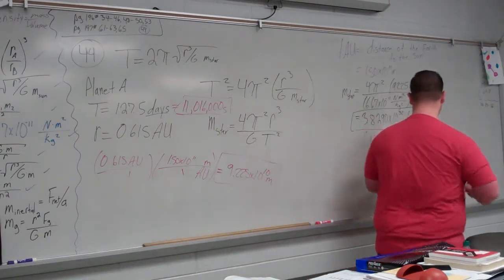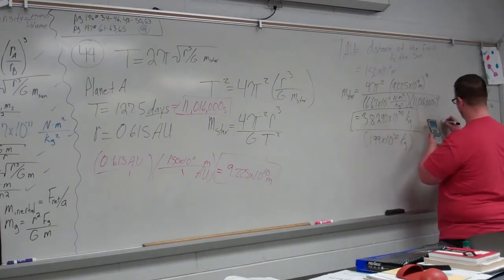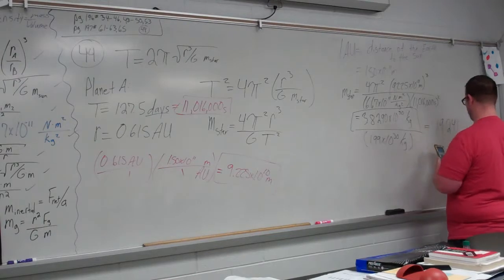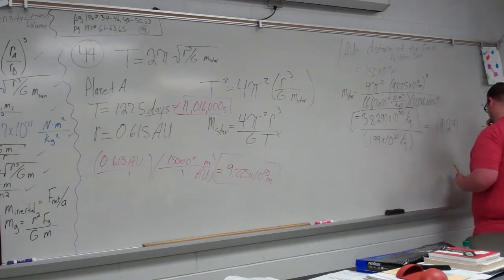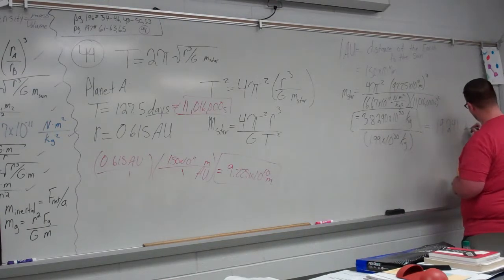And you'll find that it is 1.9241 the mass of the sun.